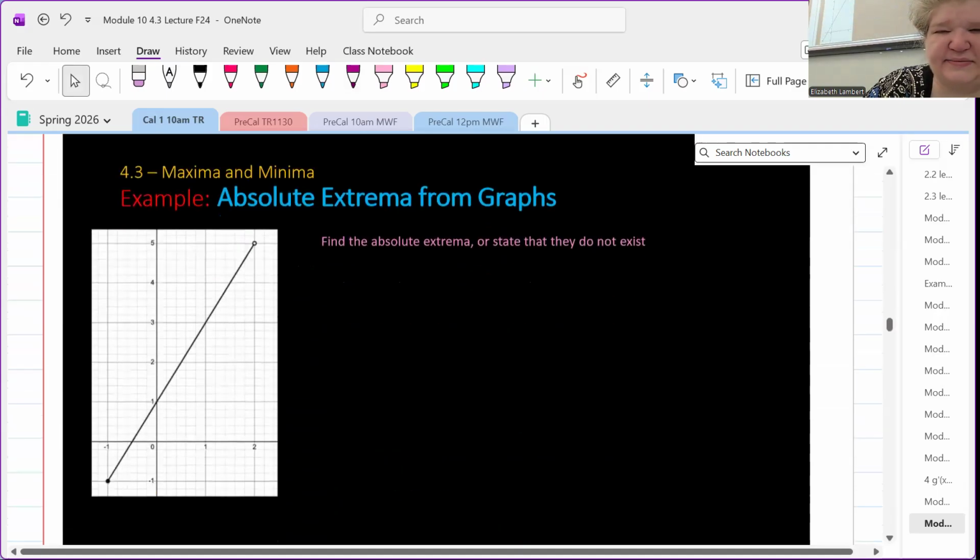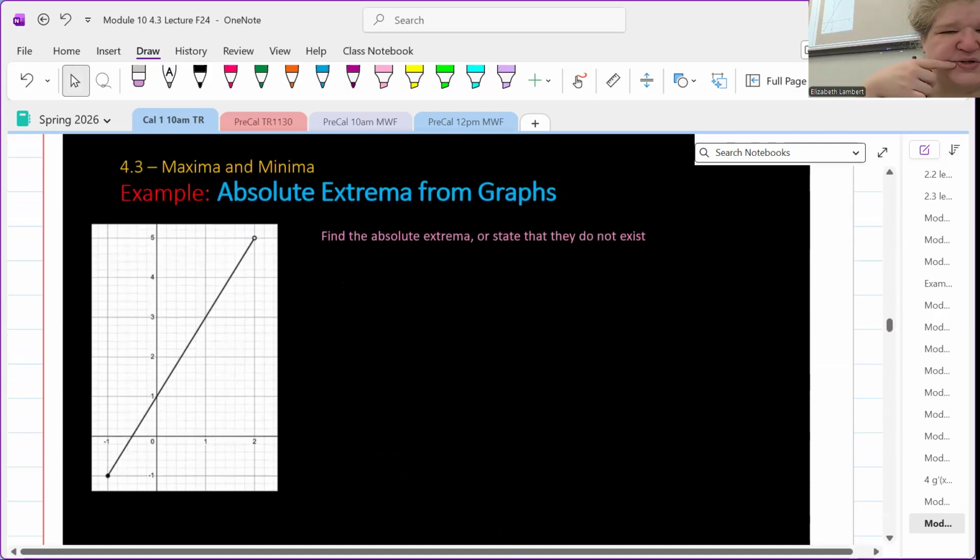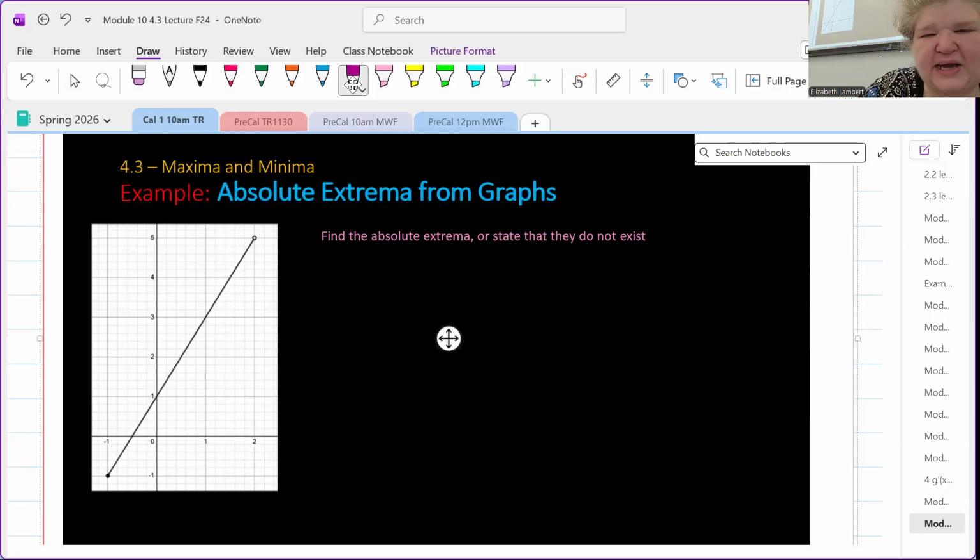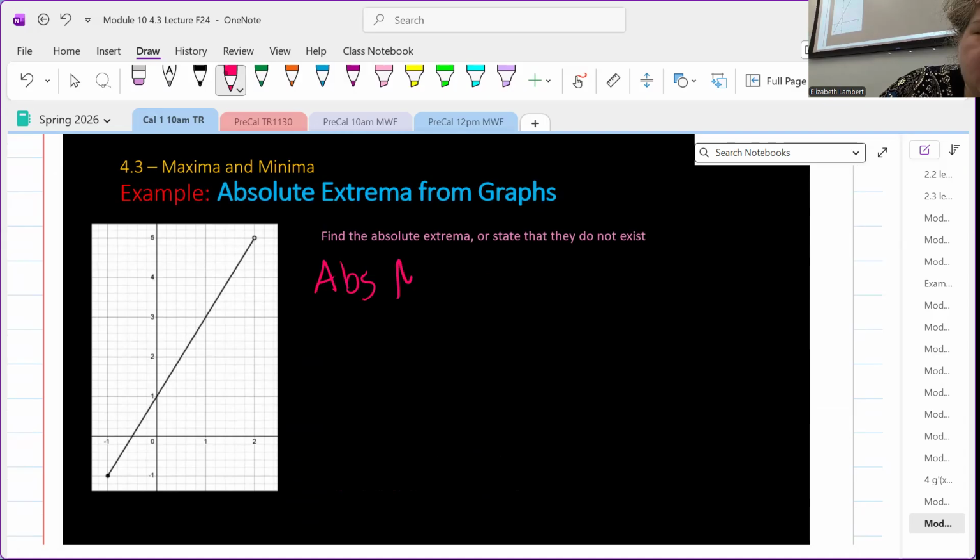All right. Slightly different graph then. We've got a straight line, we've got a closed circle and an open circle. So an absolute max has to be a value that the graph is actually at, that is a filled in point.